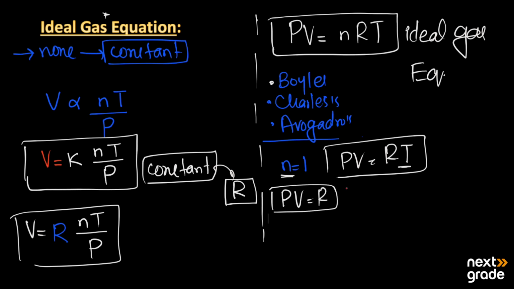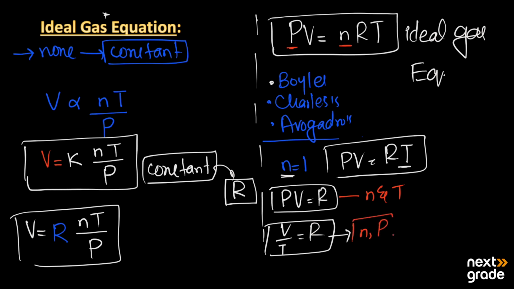Here, what are we keeping constant? Temperature and number of moles. On the other hand, when we keep pressure and number of moles constant, which is according to Charles' law, we gain V over T is equal to R, which is a constant.